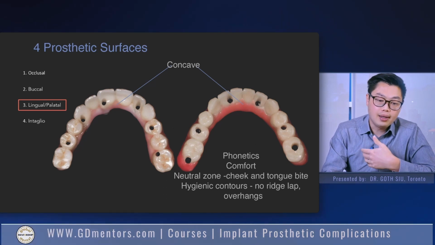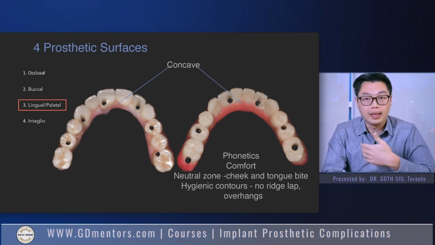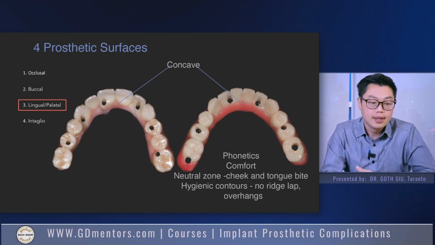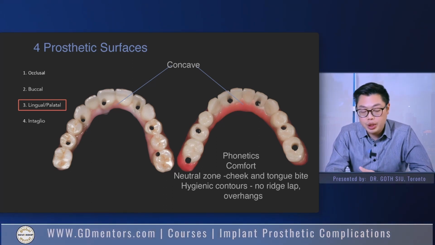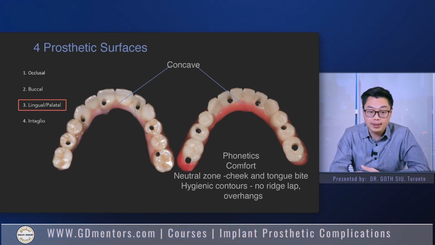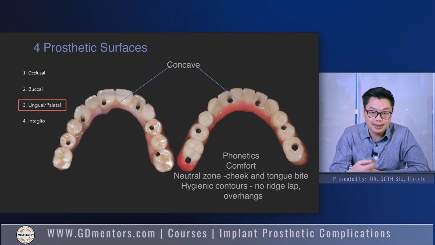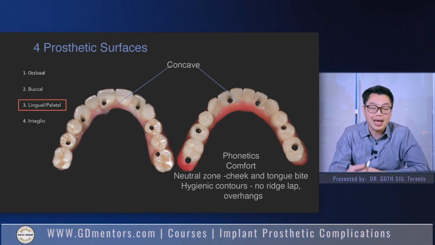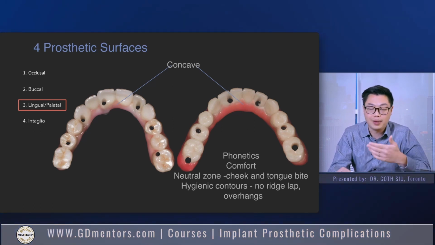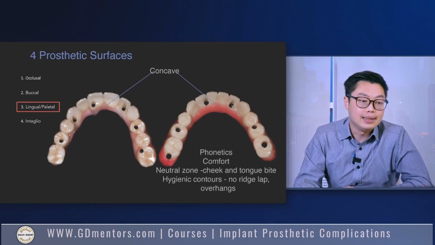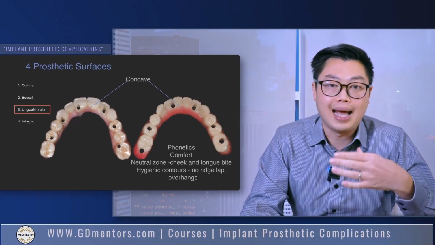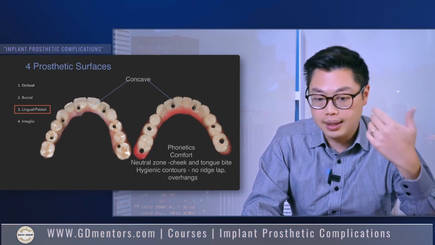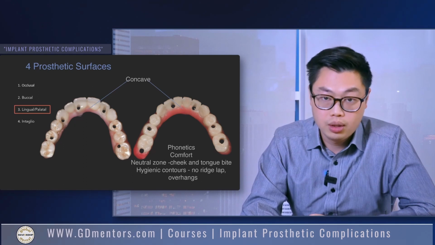And when the lingual of the upper teeth or the lower teeth are very thick, it may affect speech. And if the patient can't adapt to it, you have a major problem, because now you can't make things thinner because that's where the implants are, and obviously you can't move the implant, and the lab definitely has to connect the implants to the teeth. So what do you do, right?